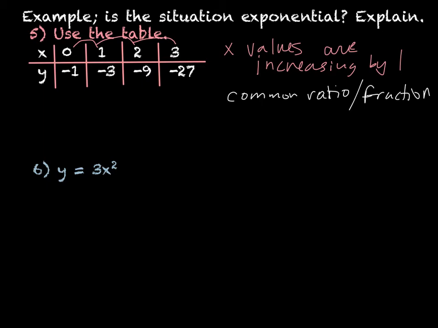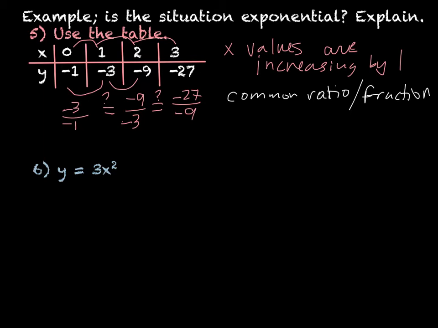So what we're going to do here is look at our y values, and we're going to go -3 divided by -1, and then see if that is the same as -9 over -3, and is that the same as -27 over -9?